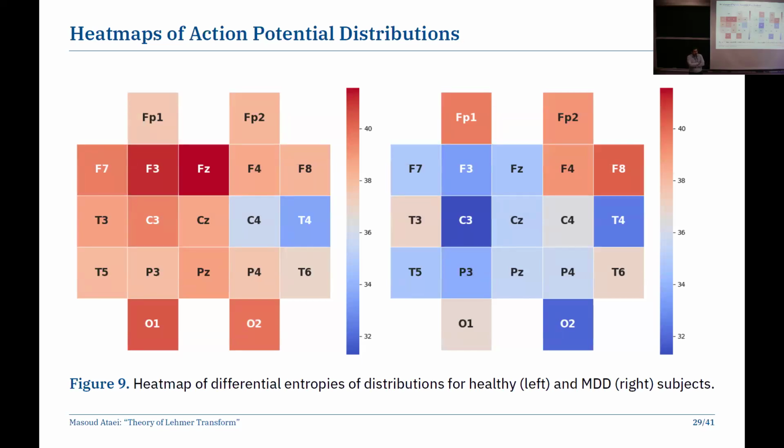Let's first focus on the heat map of the healthy individual on the left-hand side. The channels FZ and F3 on the top, which correspond to the midline and left frontal cortex, have relatively high values of entropy. These regions are central for executive function, attention, and cognitive flexibility, which are crucial for performing mental tasks.